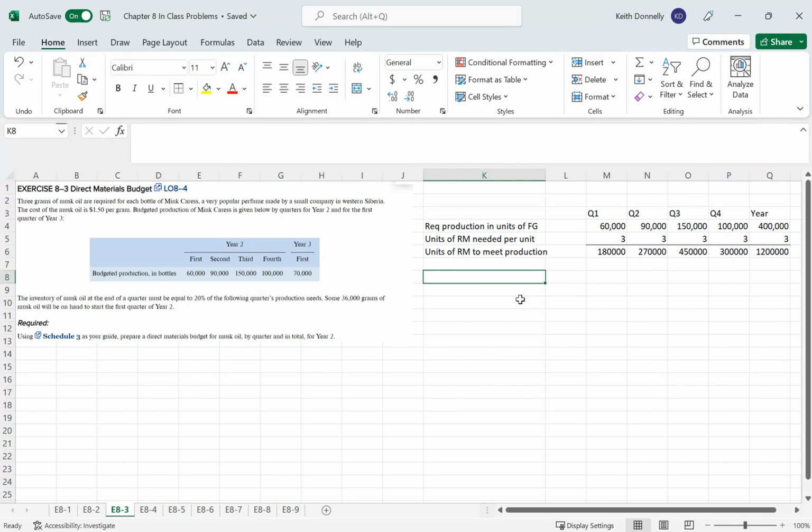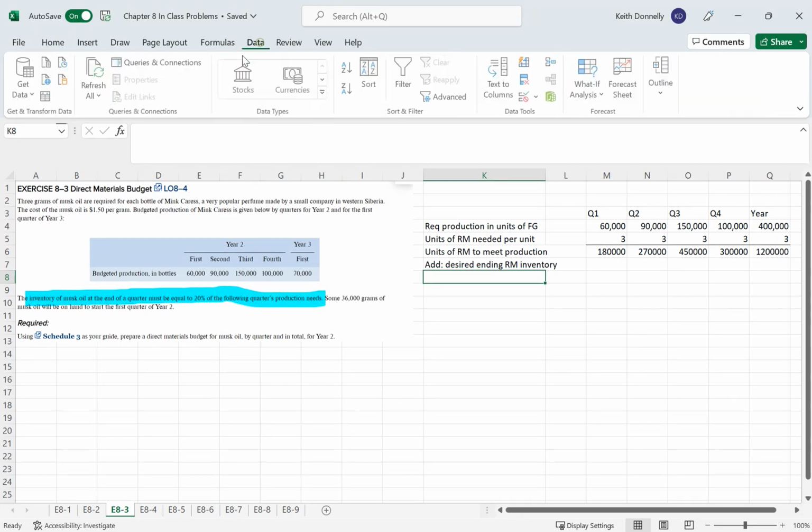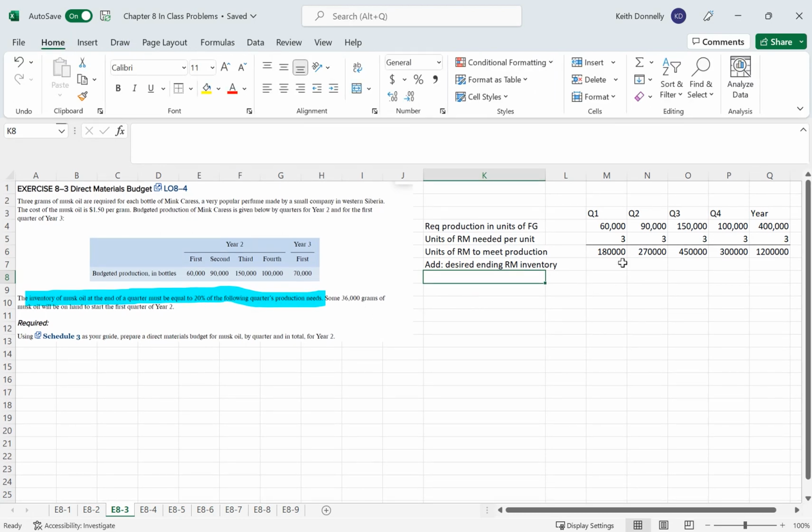All right, the next thing when we're doing this, we're going to add to this our desired ending raw materials inventory. For this, we kind of have to highlight over here. It says the inventory at the end of the quarter must equal 20% of the following quarter's production needs.